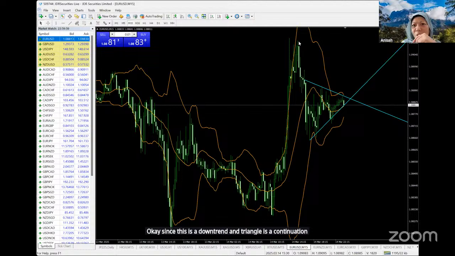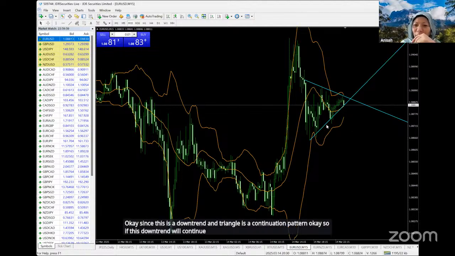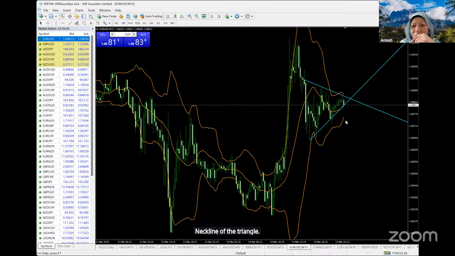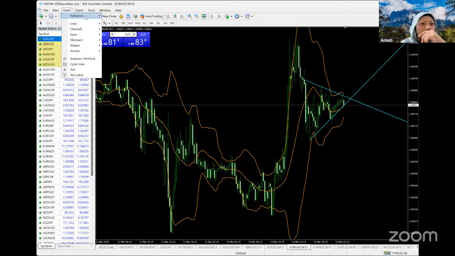So if this downtrend is going to continue, the price will break the lower neckline of this triangle, because it's symmetrical.